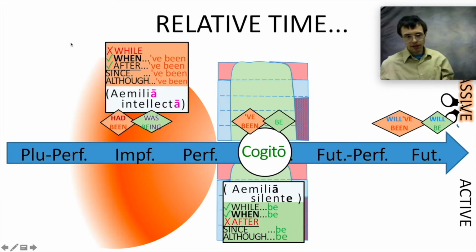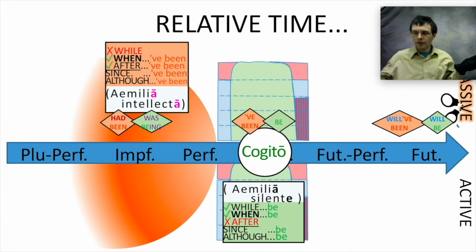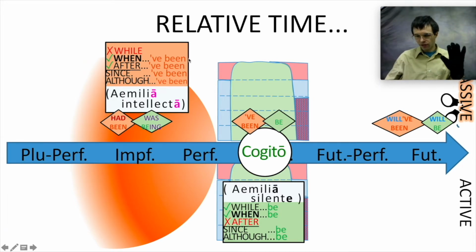Because you're going to say when ... have been understood. Whereas if it's a present participle like silente down here in the green, then you're going to use some form of be, like when ... is silent. So the problem is that one of these just doesn't make any sense.